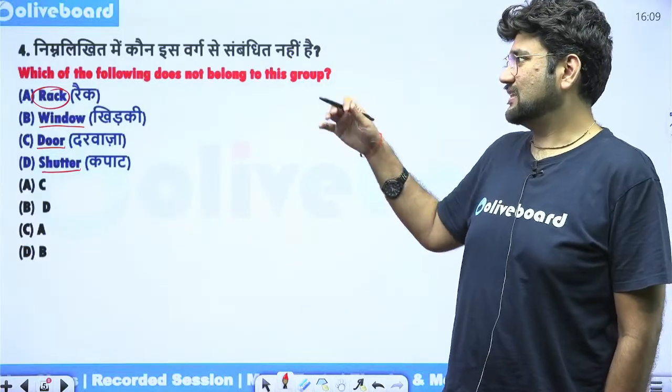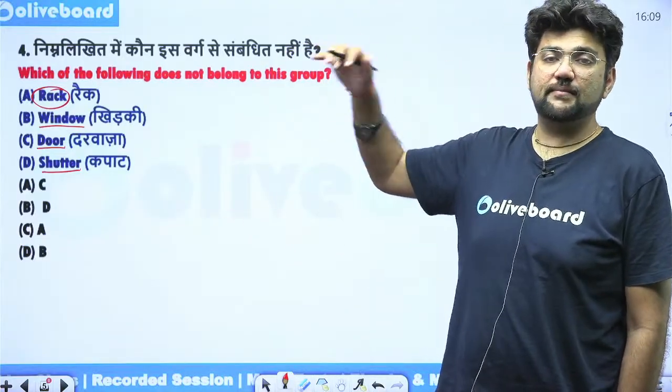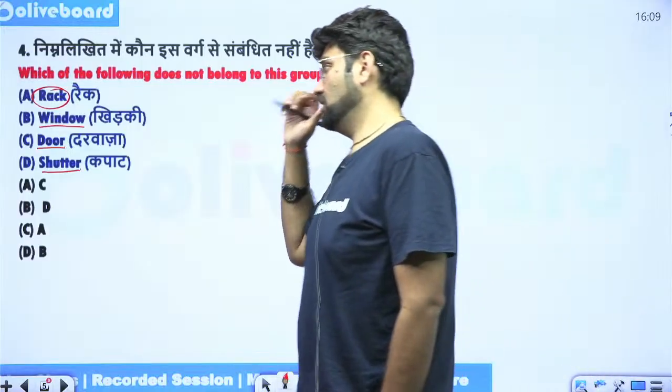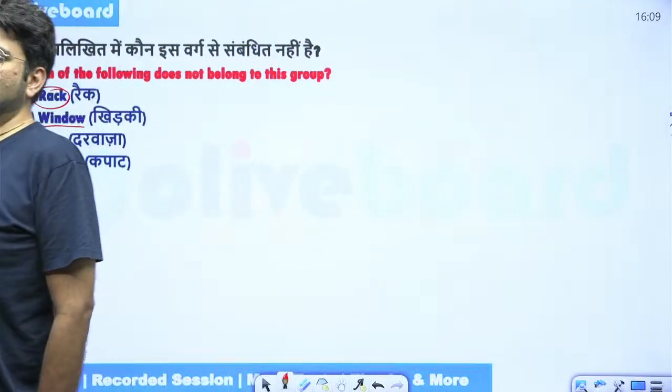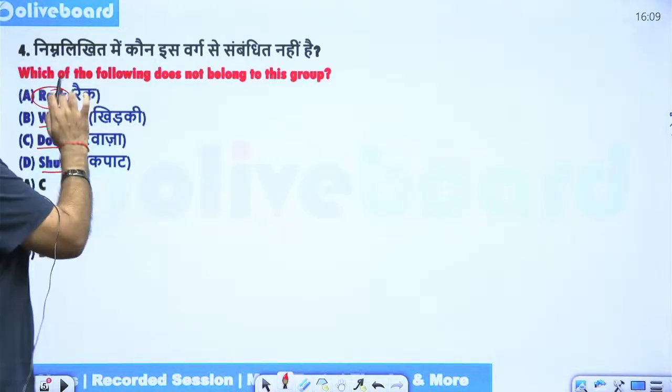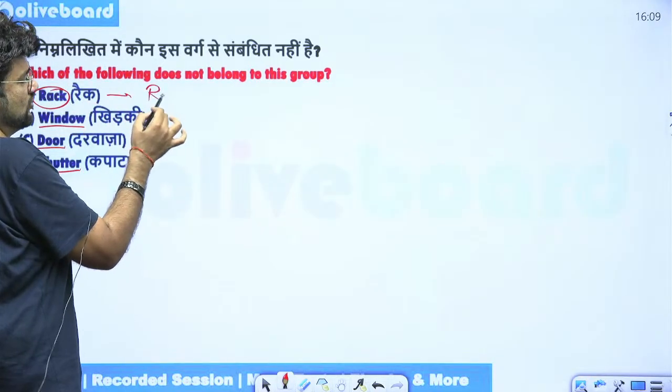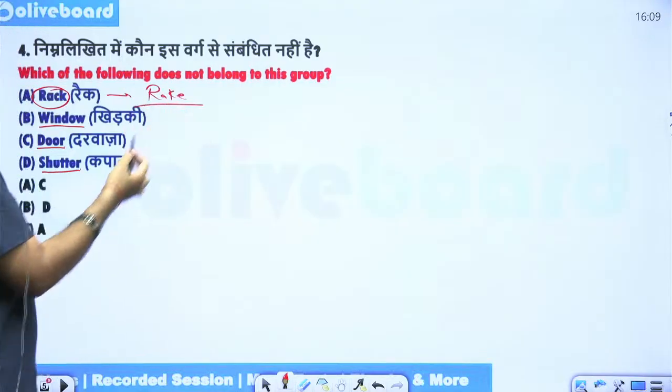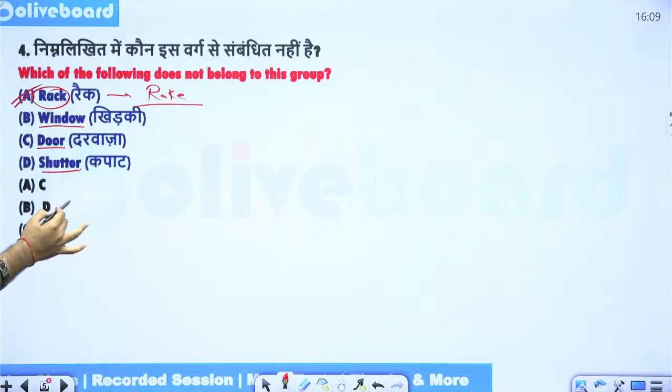A lot of students think that rack might be like a shelf or something, but it may or may not be a part of a house. So racks are usually found in non-residential areas. I think what they meant is rake here, not rack. But whatever it is, option C is the correct answer.